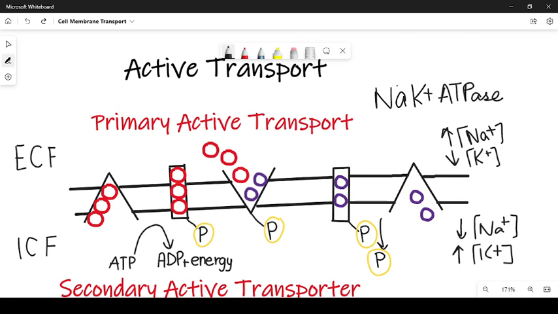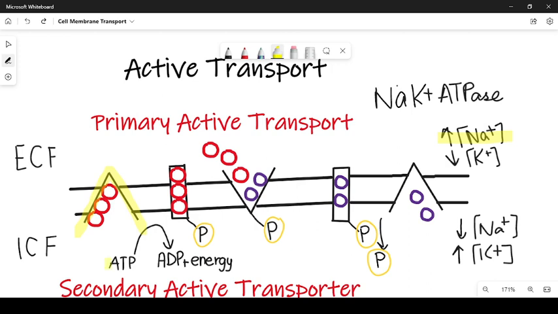So let's see how sodium-potassium ATPase works. So here is a carrier protein. It has a high affinity for sodium ion. So sodium in this diagram is the red circles. They get attached to the carrier protein.